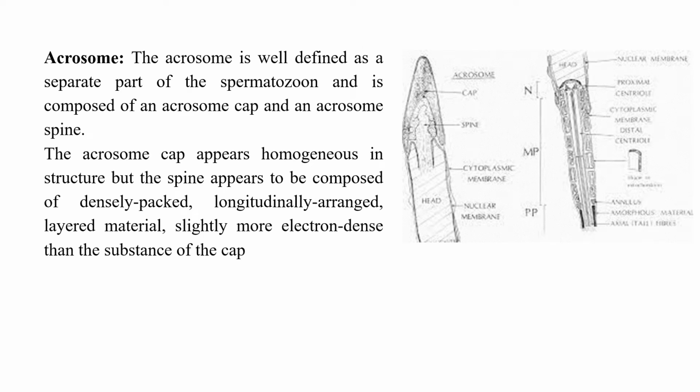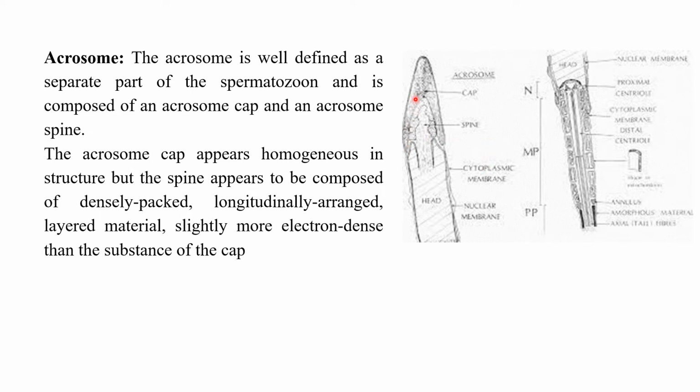Let us now look into the details of each and every part of the spermatozoa of the cock. The acrosome of the poultry is well defined as a separate part of the spermatozoa. As you can see here, this is sitting just like a cap over the head of the spermatozoa and is composed of the acrosome cap and an acrosomal spine.